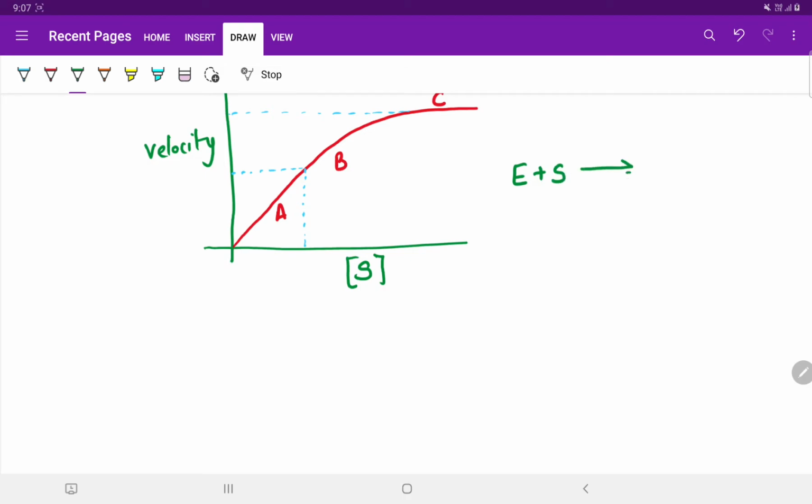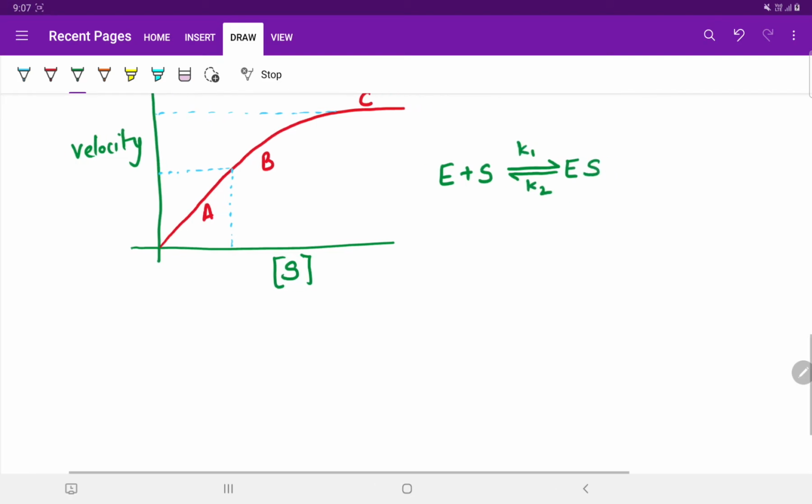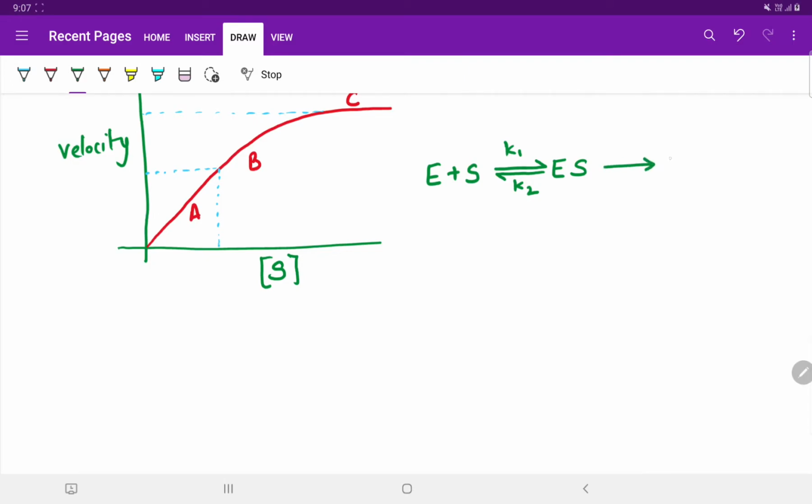This is the reaction of enzyme kinetics and we had already covered this. These K's are the constants, and ultimately a Michaelis-Menten equation is obtained. I will not be getting into detail of the effect of substrate concentration, as the link for the enzyme kinetics is given below in the description box. You can refer to the previous video.